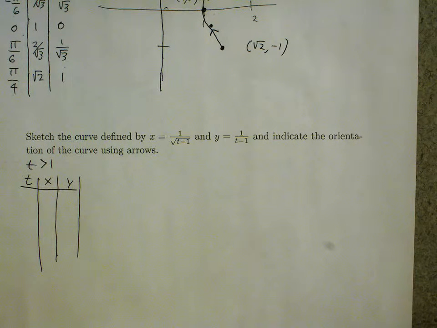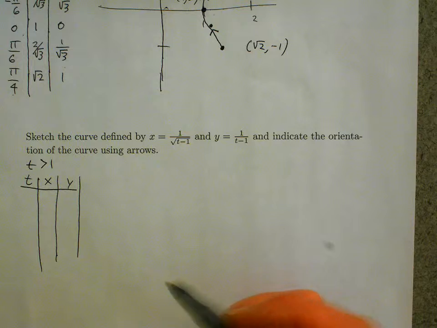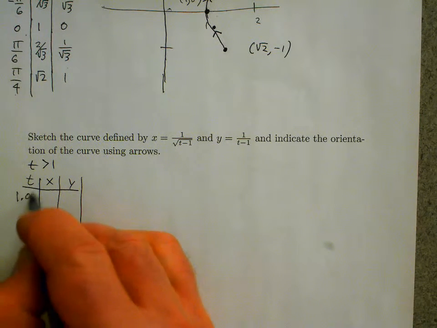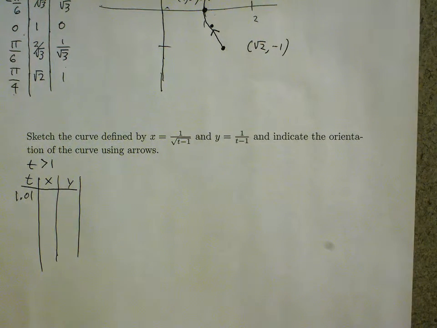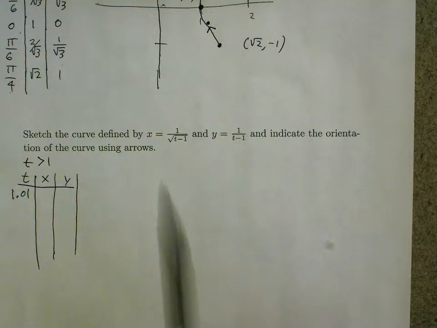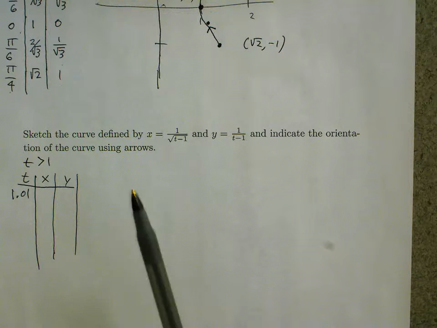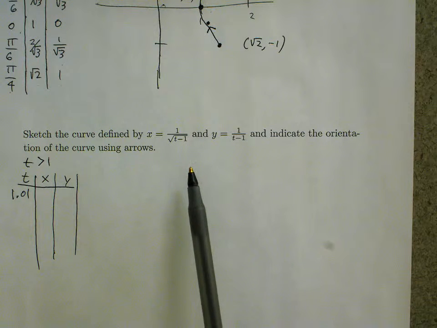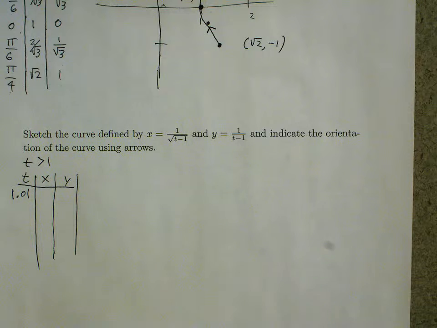So I'll pick t to be 1.01. And the x coordinate, 1 over the square root of 1.01 minus 1. That's 1 over the square root of 0.01. 0.01 is just 1/100th. And the square root of 1/100th is 1/10. And 1 divided by 1/10 is 10.